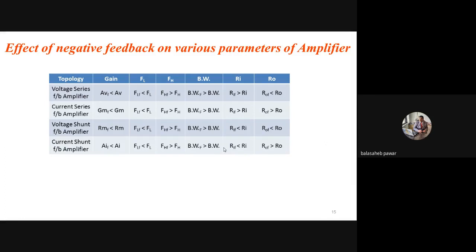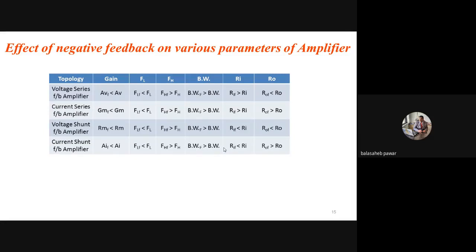As we know, negative feedback improves the impedances. Just imagine there are two input impedances, with feedback and without feedback: Rif and Ri. Rif means the input impedance of that current series feedback amplifier with feedback, and Ri is without feedback.